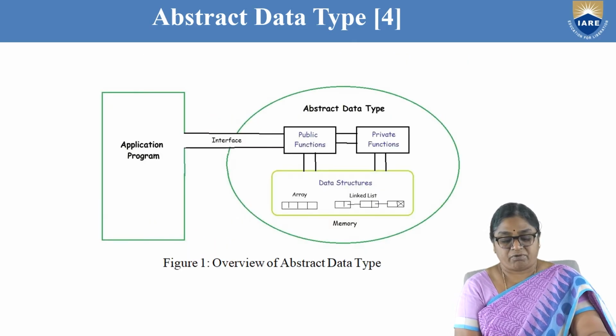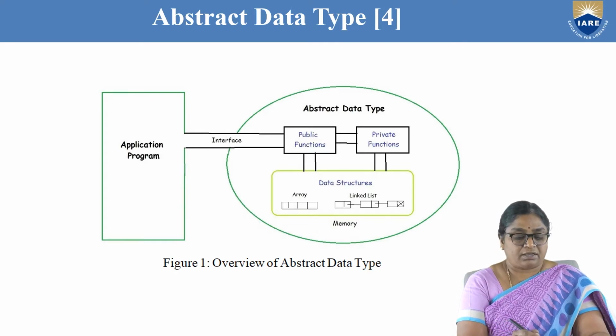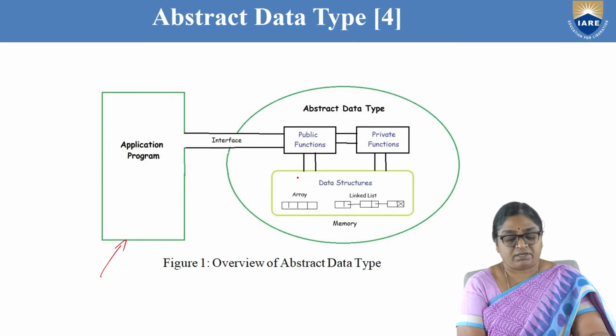The overview of abstract data type is shown in this following figure. The application program interacts with the abstract data type through an interface. Whenever it wants to use the operations of a particular data structure, it directly uses them through an interface.